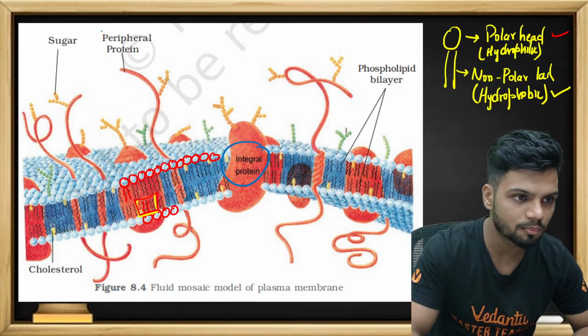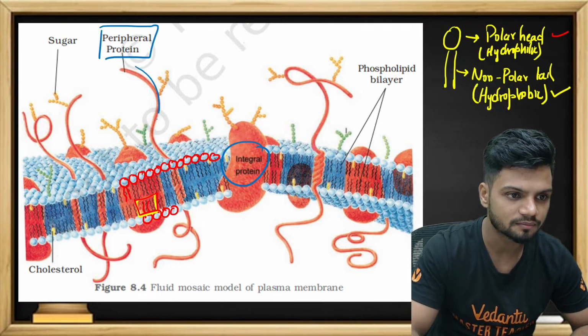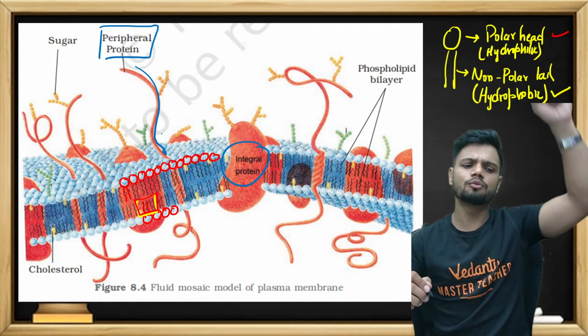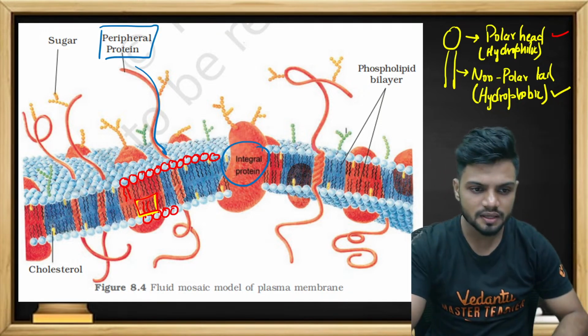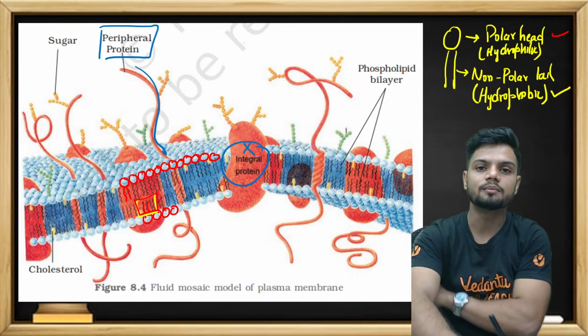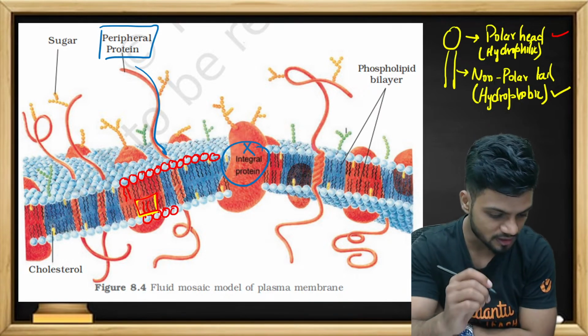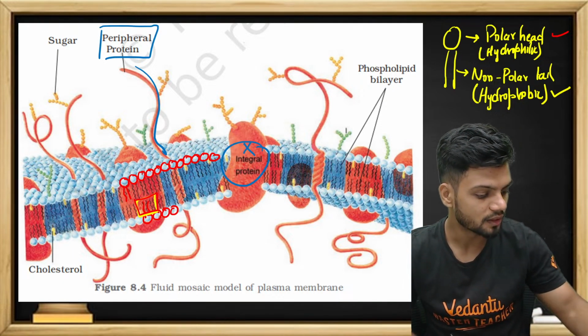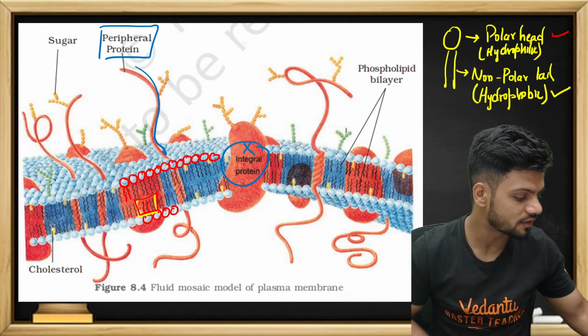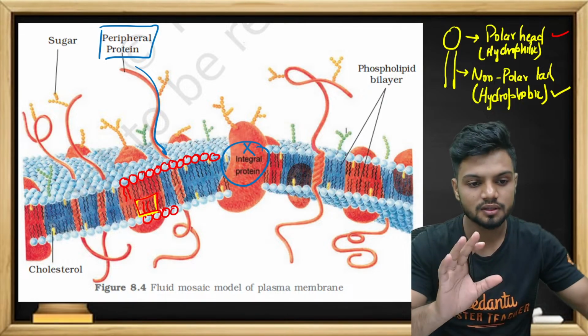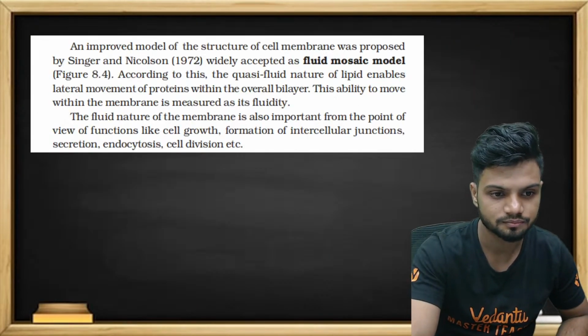Then we have peripheral protein here, which is on the outside. This peripheral protein can easily be removed, but this integral protein cannot be removed. That is the difference. I hope everyone understands the difference between integral and peripheral protein.